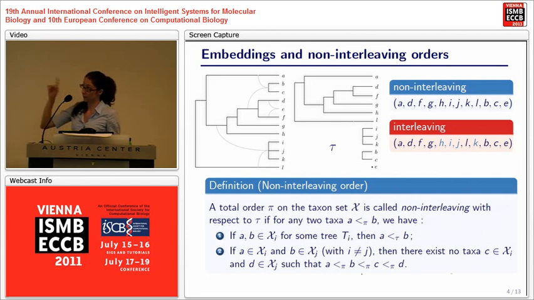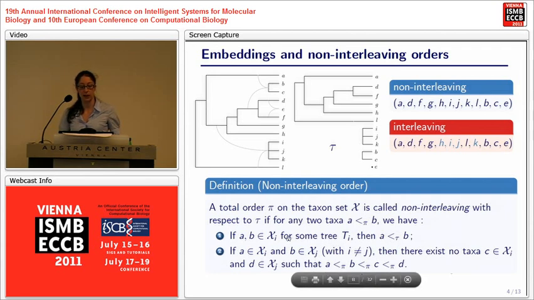So on the right here, there is a topological embedding, the same as before. It's tau. If I have a total ordering of the taxon set, I call it pi, and I say that this ordering is non-interleaving if, okay, here is the formal definition, but I will just try to explain it for the biologists present.